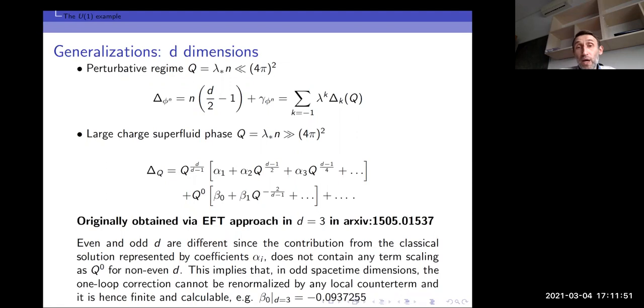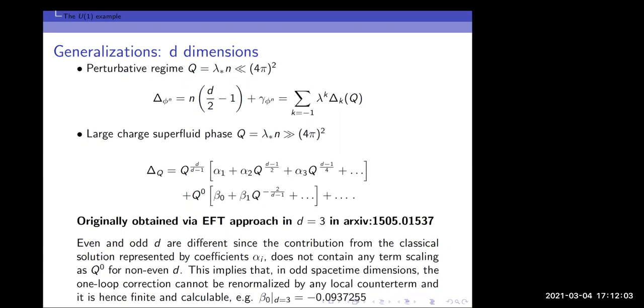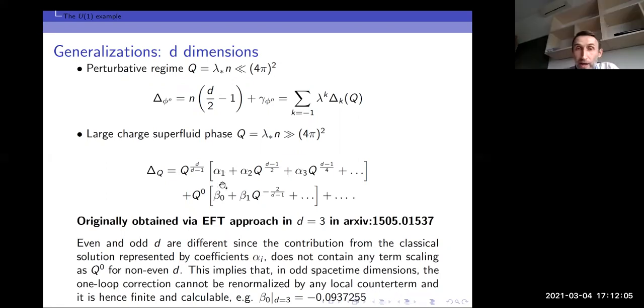If you have an odd dimension, the top line will never have a contribution scaling as Q^0, never. Physically, it means that in odd space-time dimensions, the one loop correction, which is this second line, cannot be renormalized by any local counterterm.